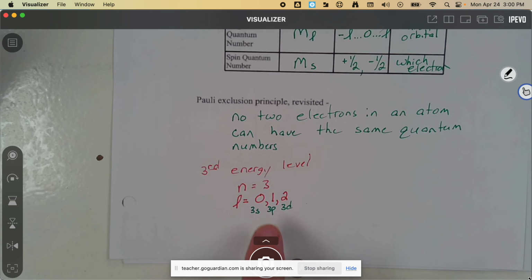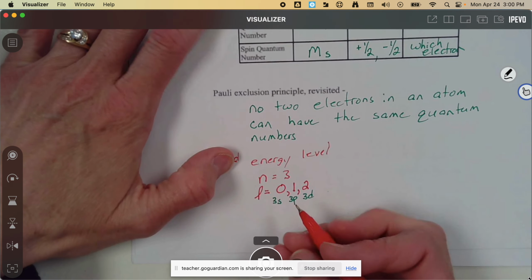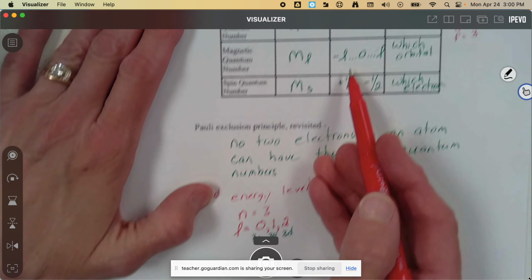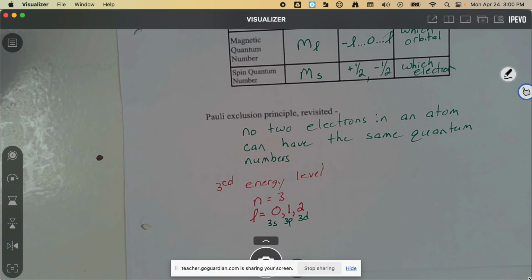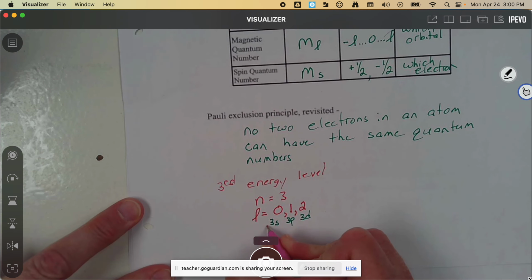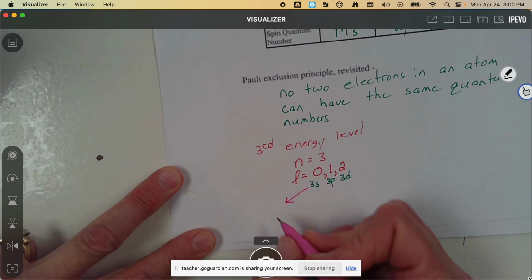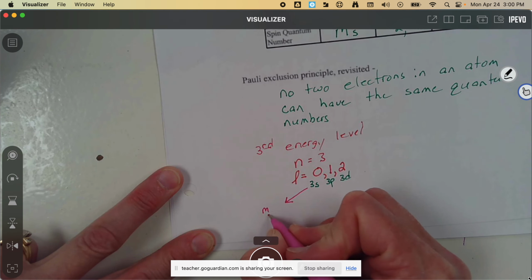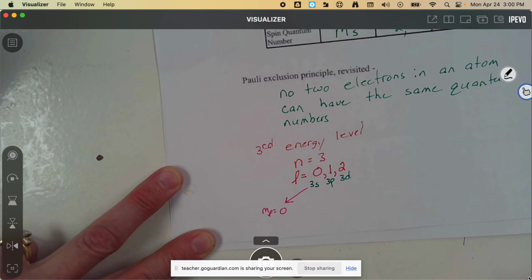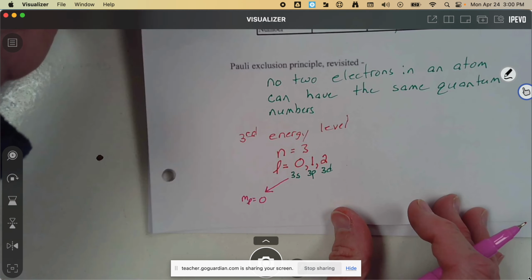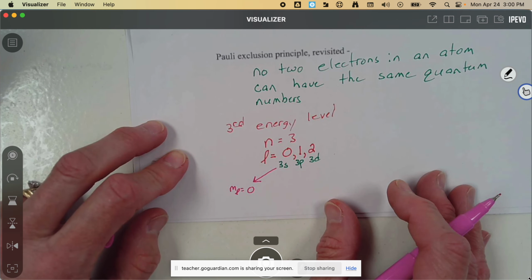For each of the L values, you can then have M sub L values that range from negative L up to positive L. So we're going to have to come down now from each of these L values. If L equals 0, M sub L equals 0 as well, and that's it.